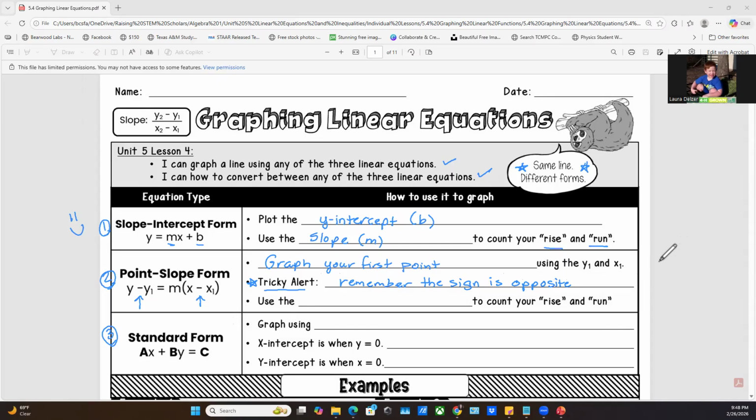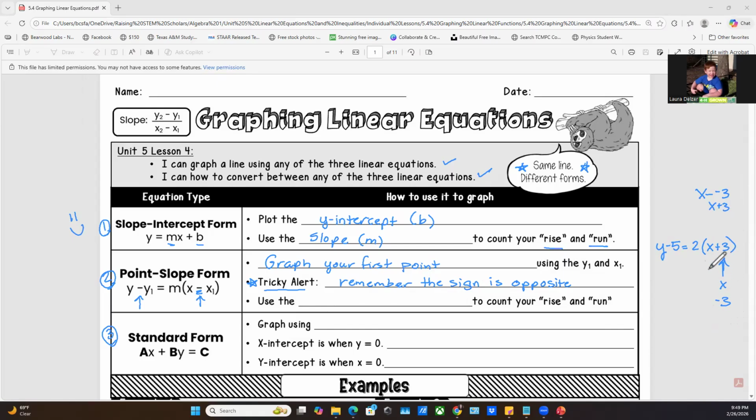If we take an equation, and I'm just going to make one up, let's say we've got y minus 5 equals 2, my slope, times x plus 3. If we wanted to know our starting point, this is my x. But notice the equation has a plus in it, so my x value is actually negative 3, because x minus a negative 3 is the same thing as x plus 3.